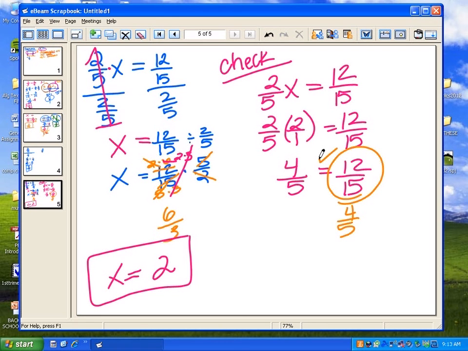Okay? What's another way to check it? How's another way to check it besides reducing to lowest terms? Malia? Okay, I'm still reducing it, right? 6/3? Where did you get 6 from?